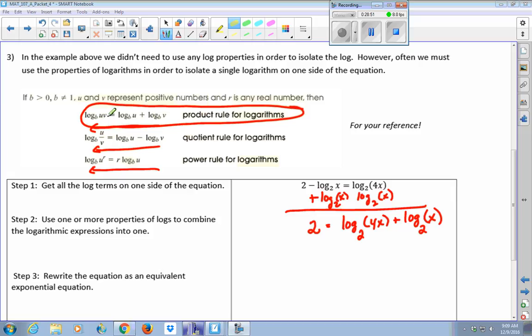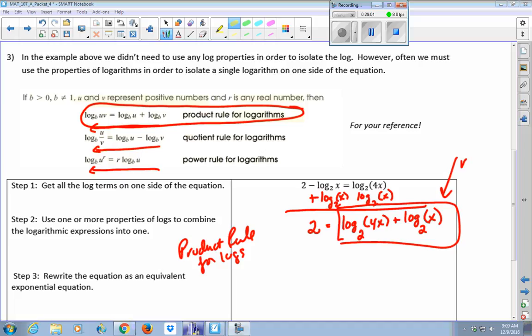So now I'm going to use my log property, the product rule for logs, to combine this. I want to rewrite this as 1 log. It's a single log. I want to condense it. So this equals log base 2 of 4x times x.